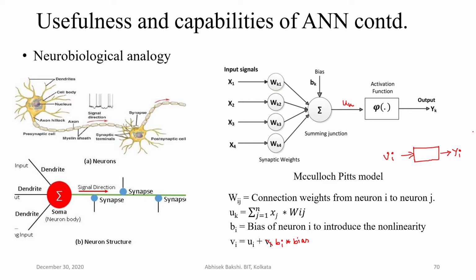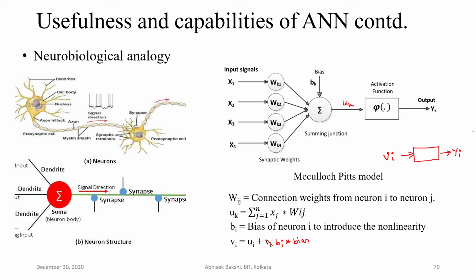So in a nutshell, in a very basic form, a simple neuron can be mathematically modeled using this McCulloch-Pitts model. Every advancement of the artificial neural network that we will see is based on this McCulloch-Pitts model.